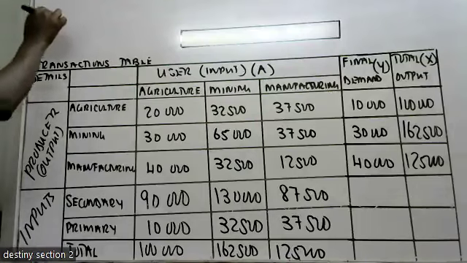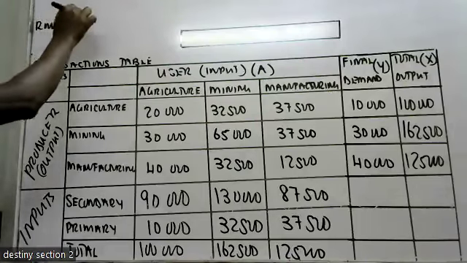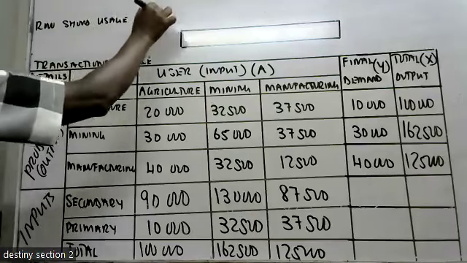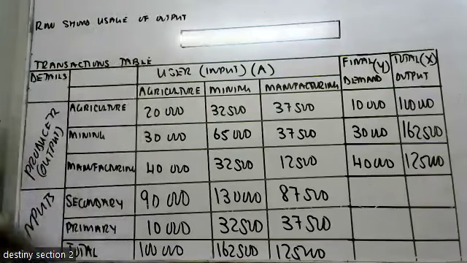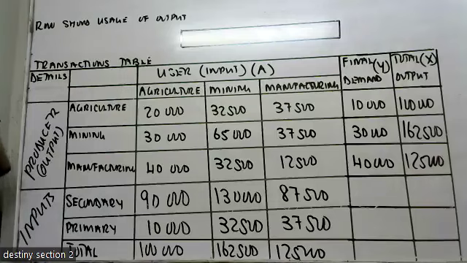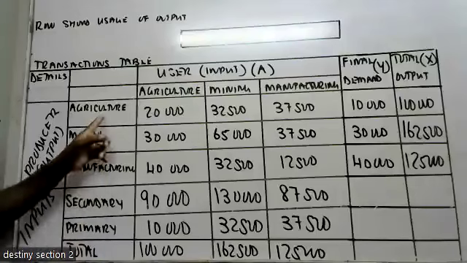A row shows usage of output. But these things are in your notes, but just make it as a small point there. That will help you. It shows usage of output. And make sure now you follow this. I want us to interpret this.